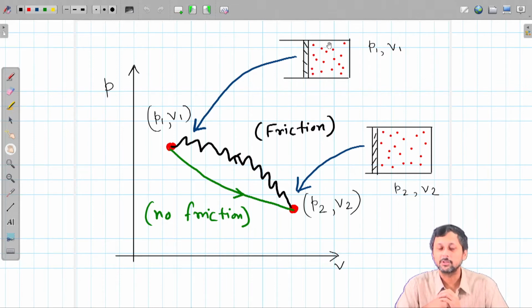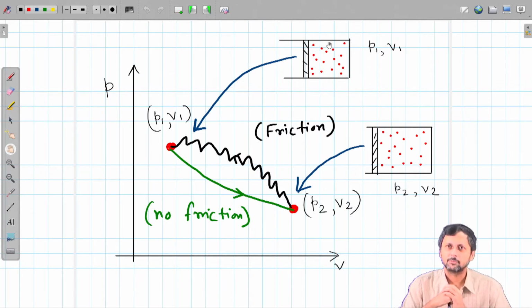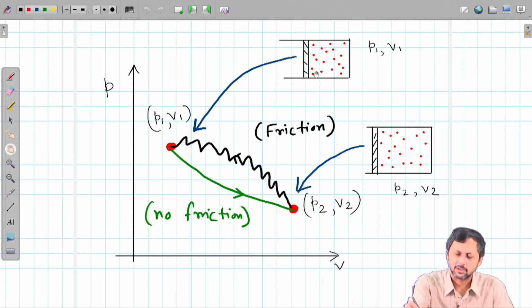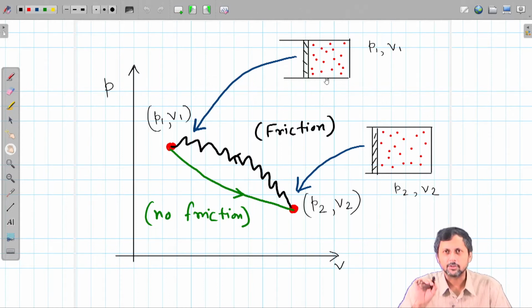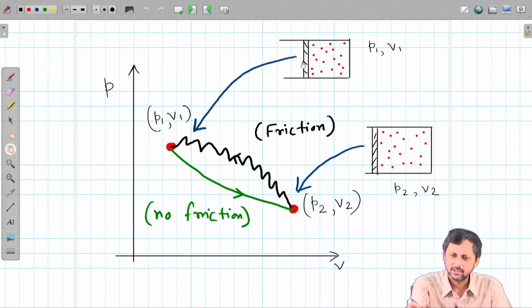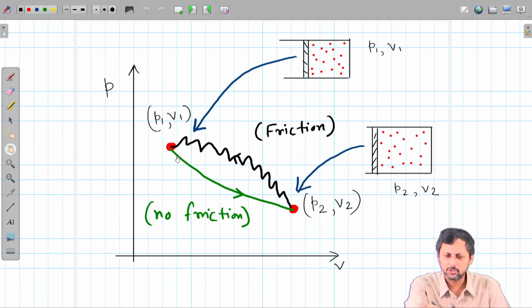What do we mean by dissipative forces? Dissipative forces means, let's say, if there is a friction. Okay. So let us first forget about these dissipative forces and discuss the ideal process. Now in an ideal process there is no dissipation present and the piston moves by following, let us say, this green path, which is a smooth curve joining the first state and the second state here.